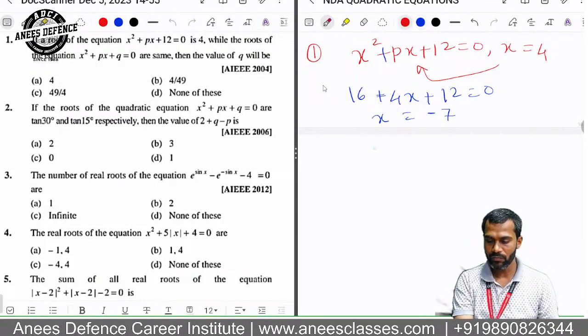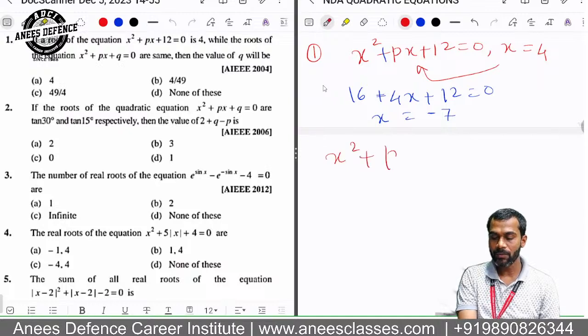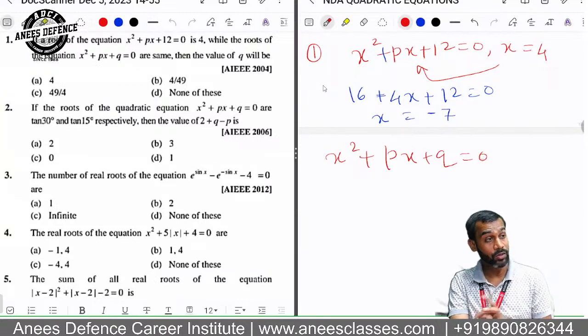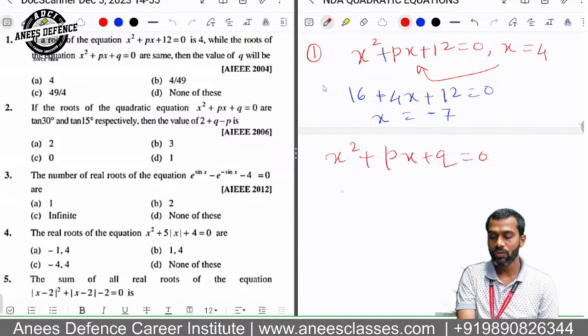Now, what is the second equation? x square plus px plus q is equal to 0. Yes or no? Now, roots are identical. It means d is equal to 0, nature of roots. So, p square minus 4q.